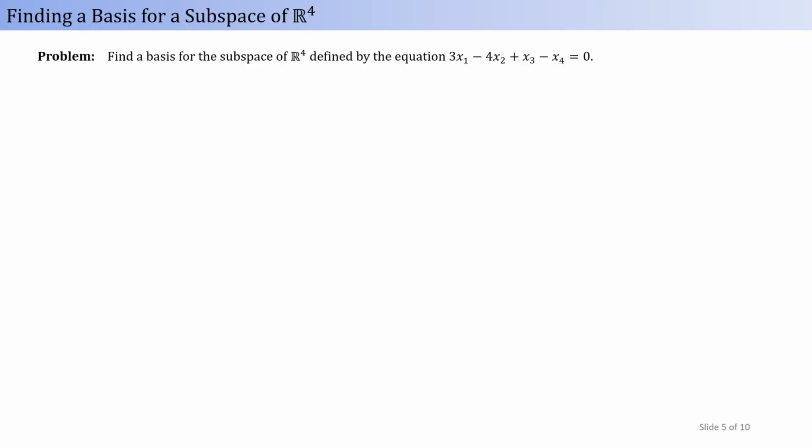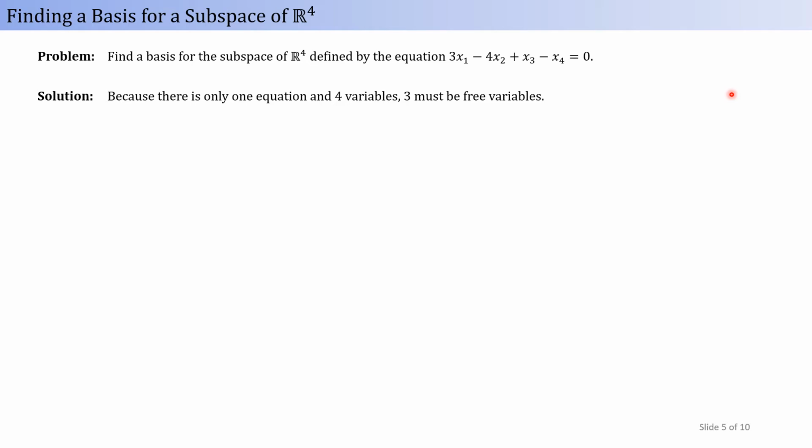Okay, what about finding a basis for a subspace of R4? Let's say that they define the subspace with an equation such as this one. We notice that there are 4 variables but just one equation. Because of that, 3 of these variables are free variables.